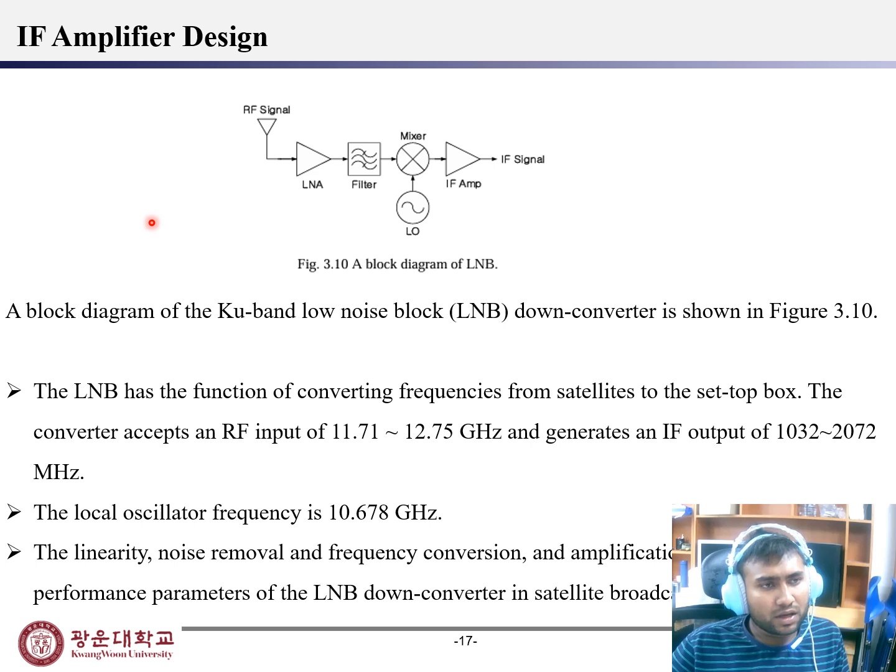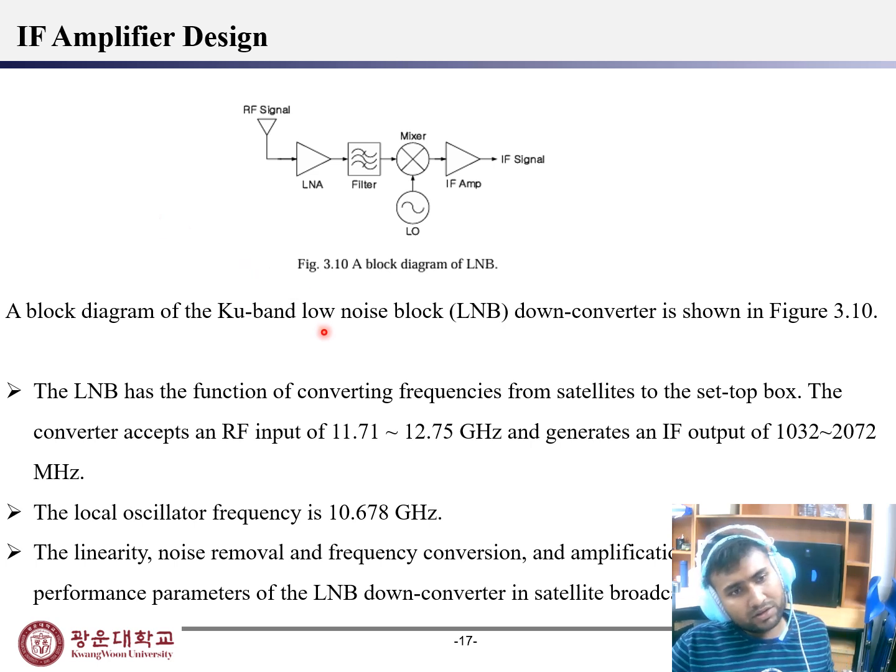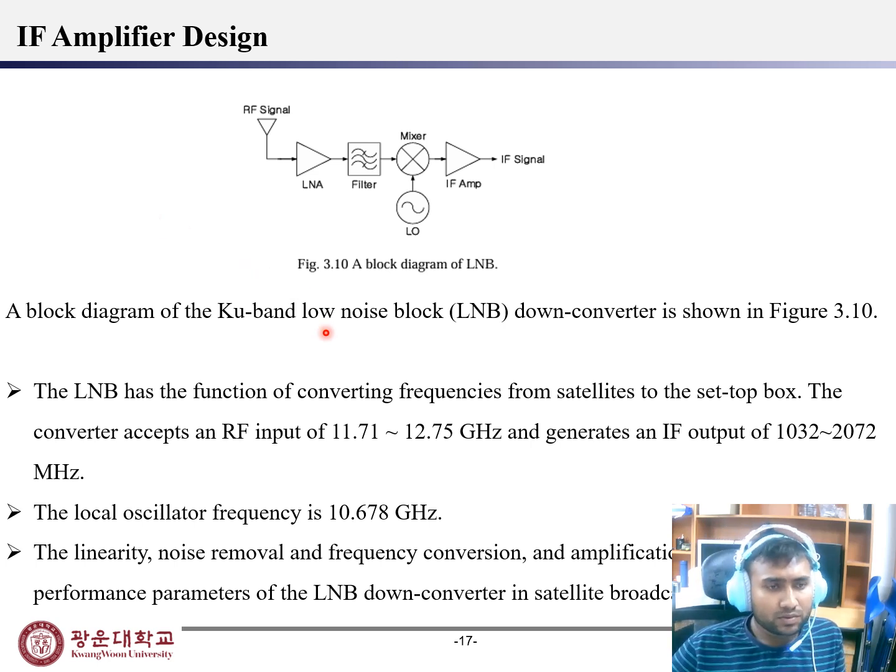IF amplifier design. Here, Figure 3.10 is a block diagram of an LNB, that means low noise block, and the LNB has the function of converting frequency from satellites to the set top box.